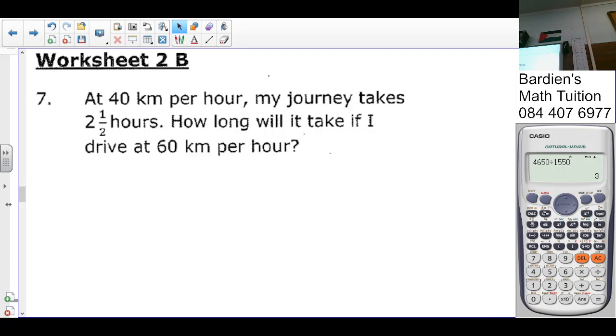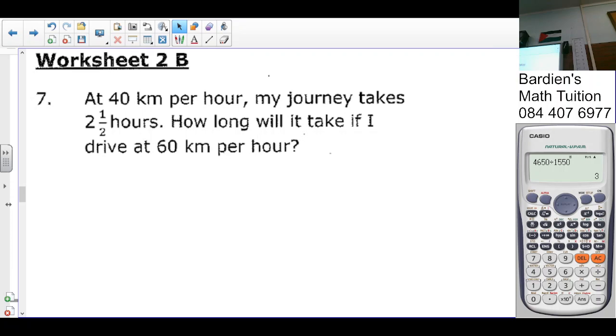How long will it take if I drive at 60 kilometers per hour? So will it take more time or less time? Less time. Okay, why? Because you're going fast. The more the less. So that's the example of indirect proportion.